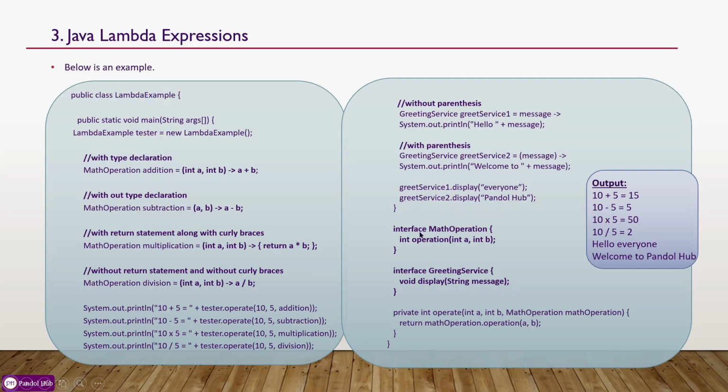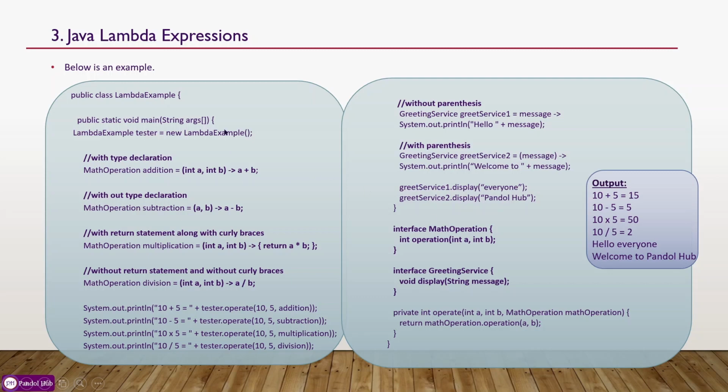See, instead of creating a class and implementing this interface and then overriding this abstract method, I'm directly creating an object for this functional interface, and I'm providing a method declaration directly in a single statement as an expression using the lambda expressions. So this is the lambda expression which provides a definition for this abstract method in the functional interface.